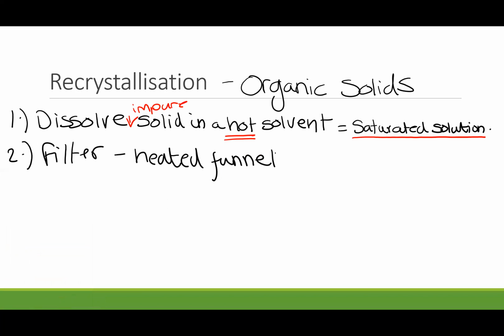And that is to remove any insoluble impurities. So in case we've got any insoluble impurities in there, we can get rid of them straight away. So we dissolve, and then we filter through a heated funnel, and that gets rid of any insoluble impurities.